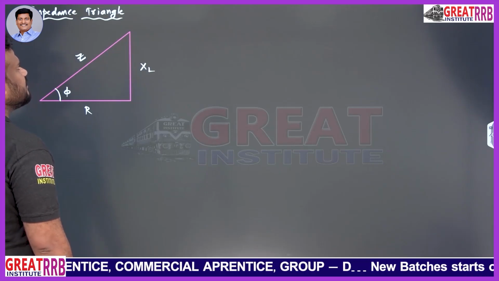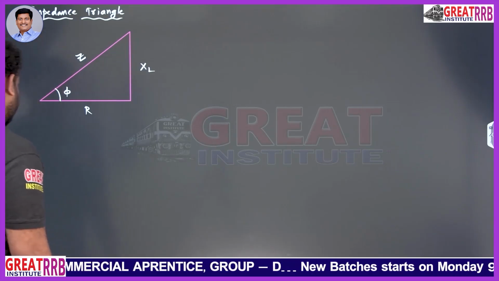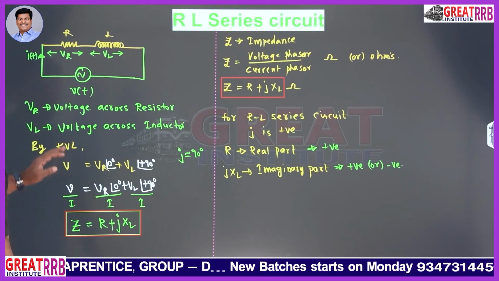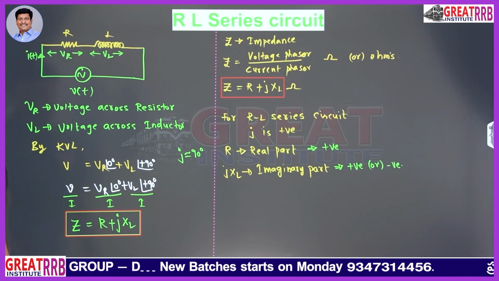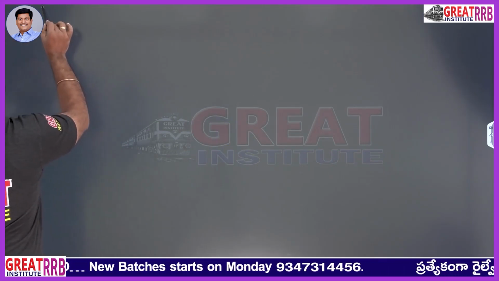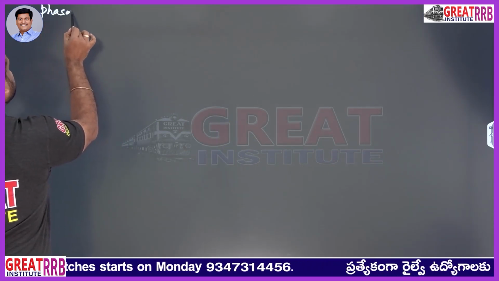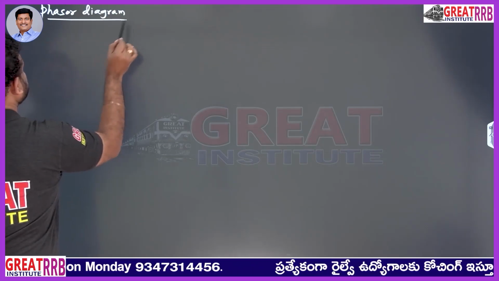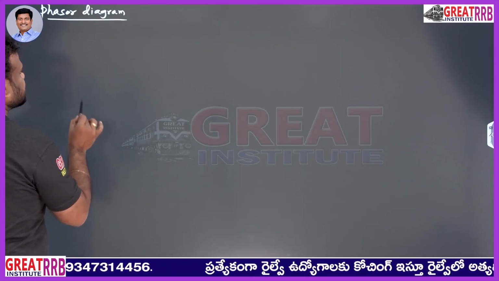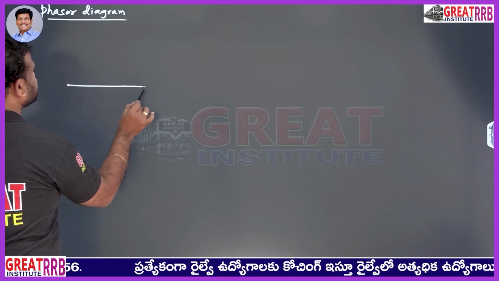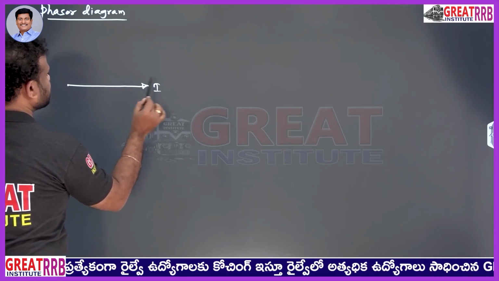Understand? Sir, where does this phase angle come from? Just go with this. Observe here, if I draw the phasor diagram: as per the series circuit, the current remains constant. Yes, of course, this is the current which remains constant.